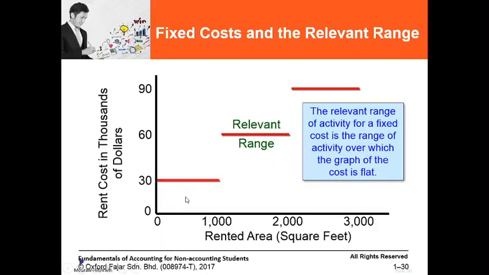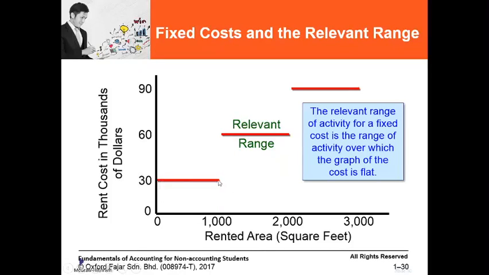So it means that if you are renting 200 square feet, you still need to pay 30,000 dollars. If you are renting 500 square feet, you still need to pay 30,000 dollars.